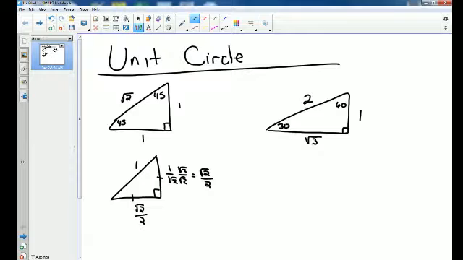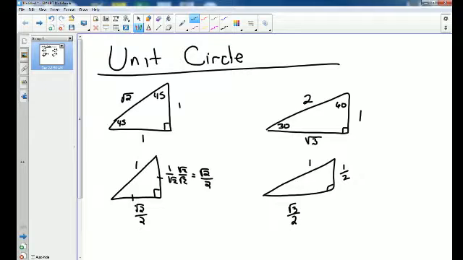So 30, 60, 90 has root 3 in it, and 45, 45, 90 has root 2 in it. Same issue here. If I put 1 on the hypotenuse, divide by 2, right? And then this would be root 3 times 1/2, root 3 over 2, right?